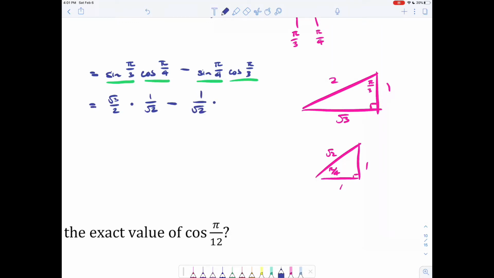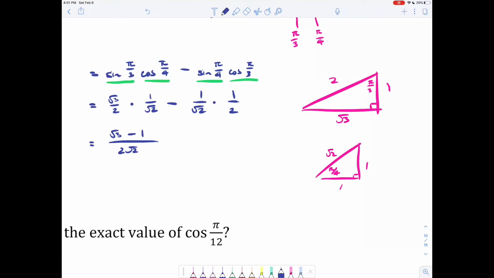And cosine of pi over 3 is 1 over 2. What we've got is a denominator that is 2 root 2 and a numerator that is root 3 times 1 minus 1 times 1.